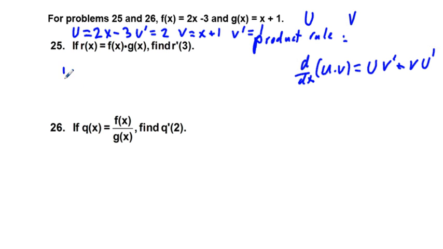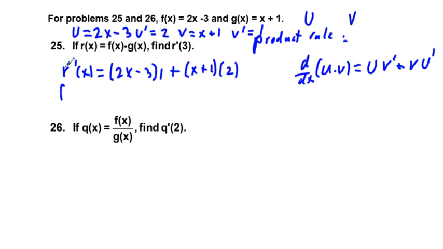So r prime of x is going to be equal to u, which is 2x minus 3, times v prime, which is 1, plus v, which is x plus 1, times u prime, which is 2.